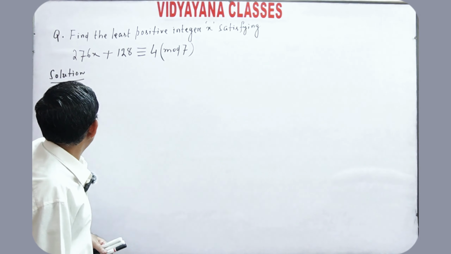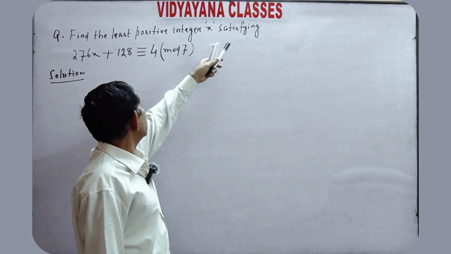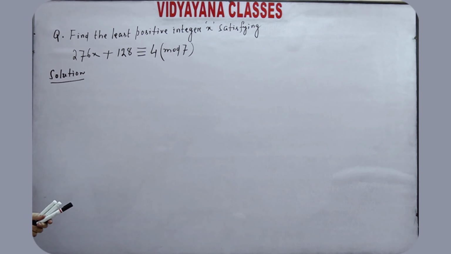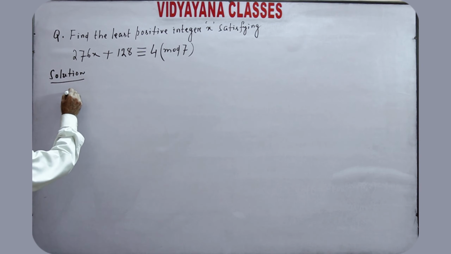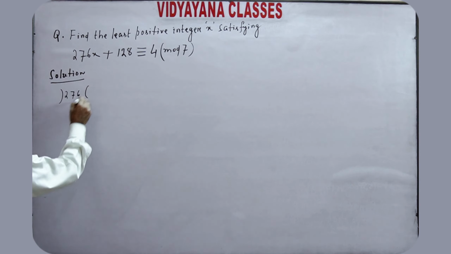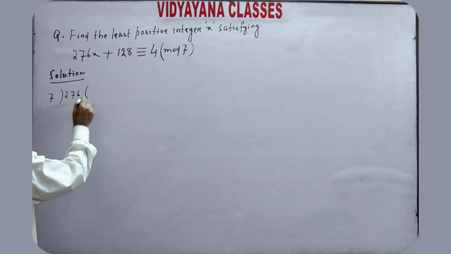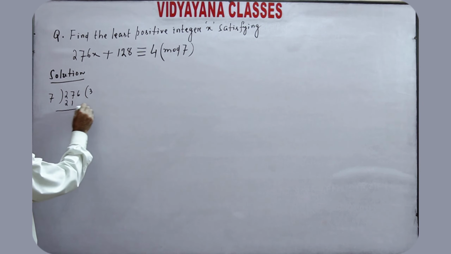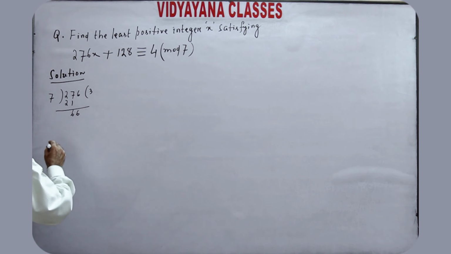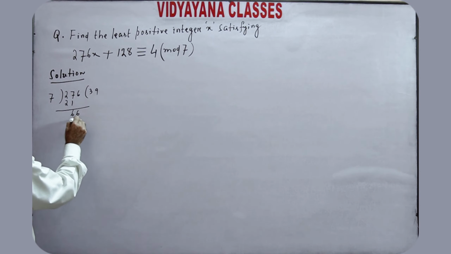Next question. Find the least positive integer x satisfying 276x plus 128 congruent to 4 modulo 7. By the division algorithm, we can find the remainder when 276 is divided by 7. 7 times 39 is 273.